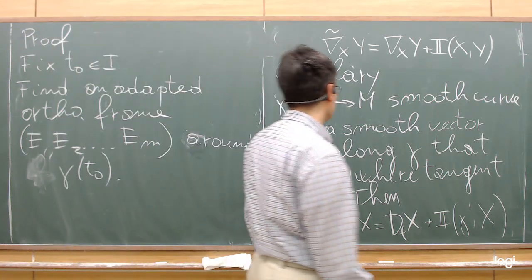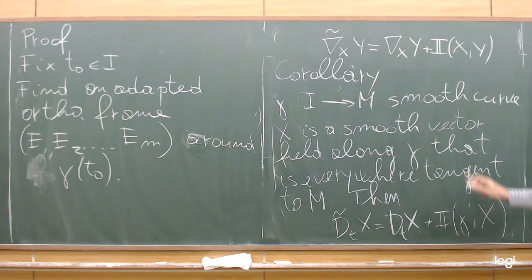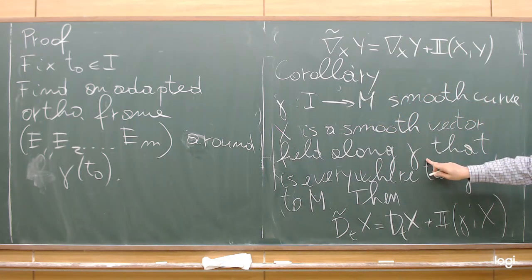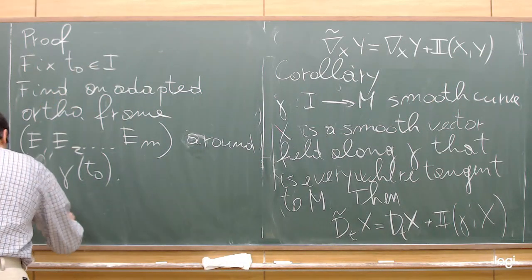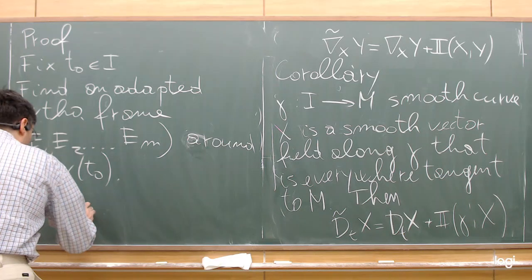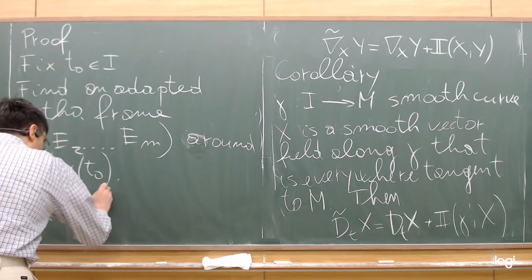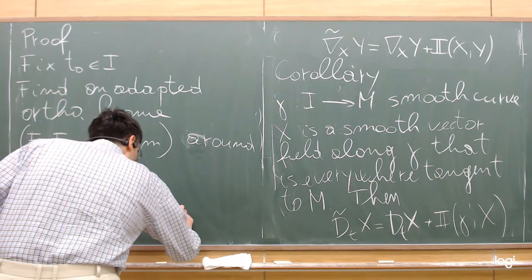If X is a smooth vector field along gamma, then I can write X as follows: sum of xi of t, Ei restricted to gamma of t.